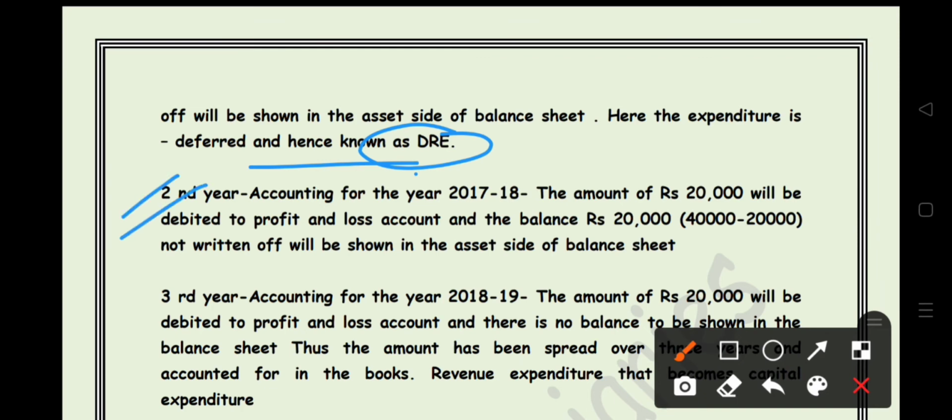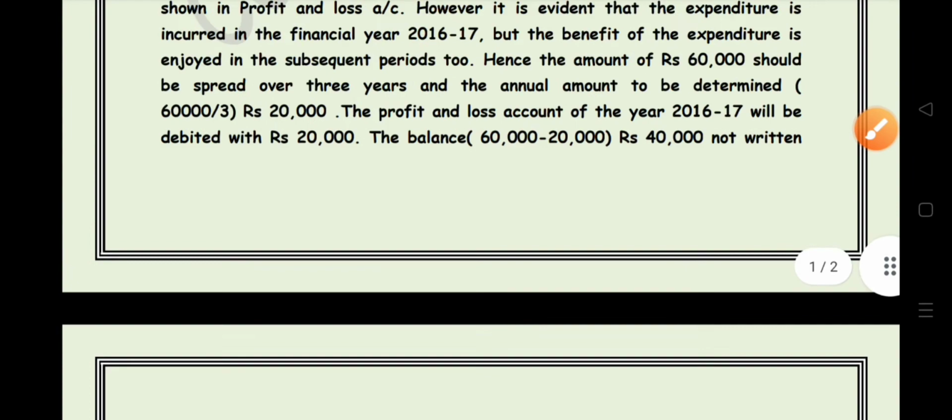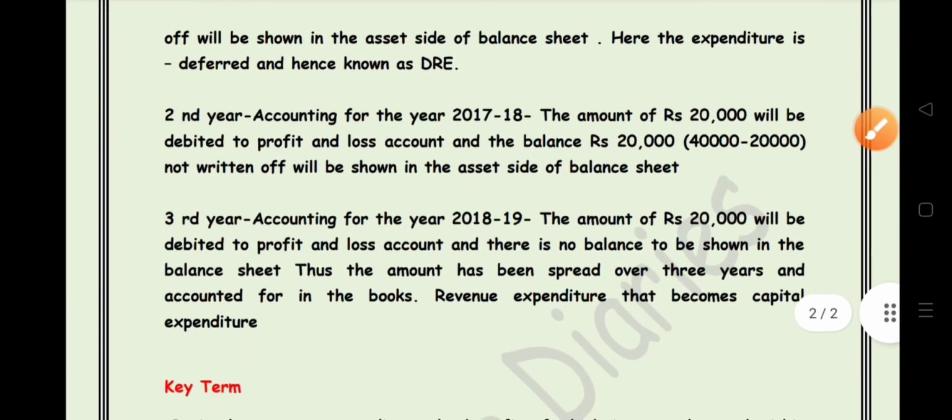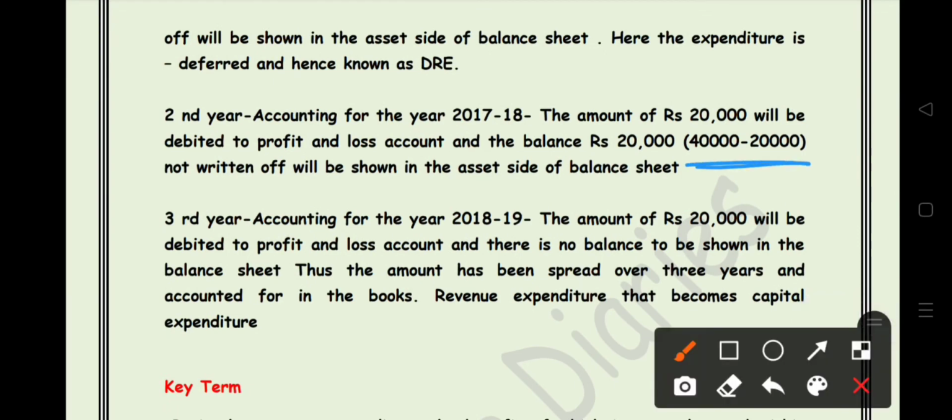In the second year, 2017-18, another 20,000 will again be debited to the profit and loss account, and we will deduct that 20,000 from the 40,000 which we recorded in our balance sheet in the previous year, 2016-17. So again the remaining 20,000 will be shown on the asset side of the balance sheet, and we will not write off that amount in the year 2017-18.